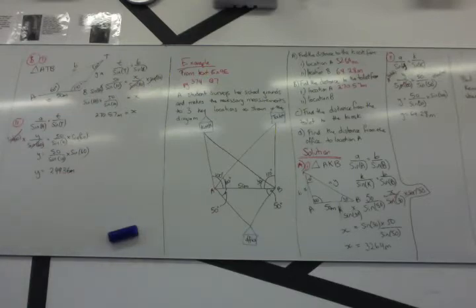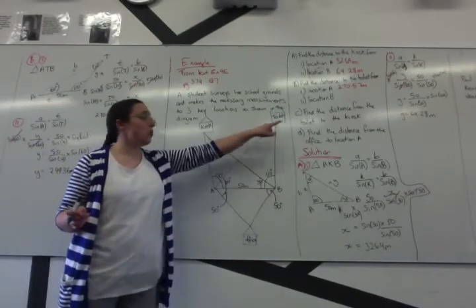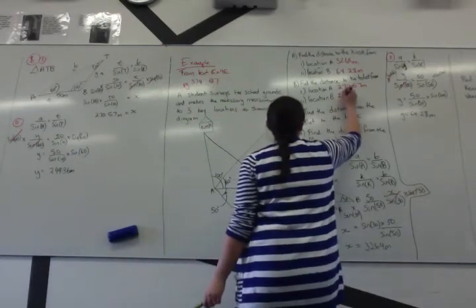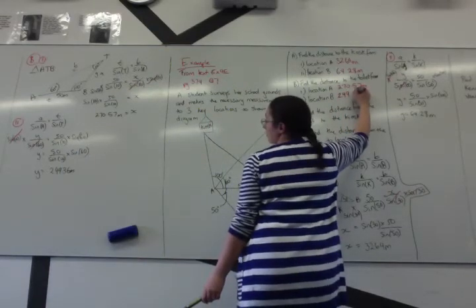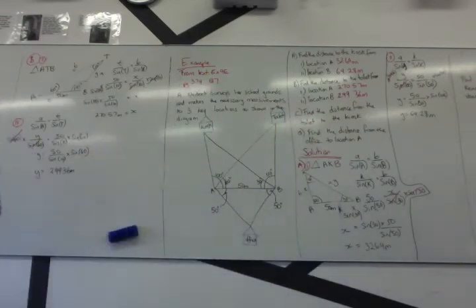So now you've just found the distance from B to the toilet, and we've got it as 249.36 meters. If we ask a question like this from the start, how many marks would it be worth?